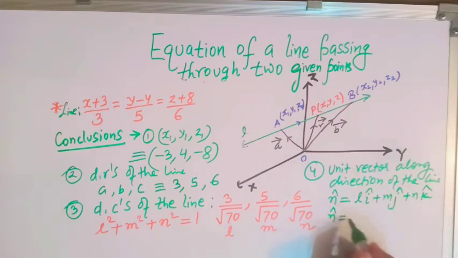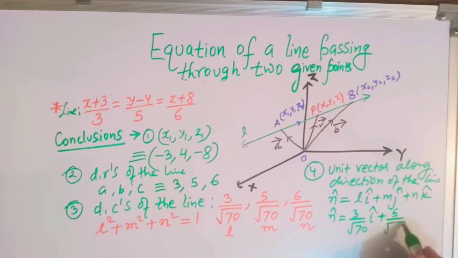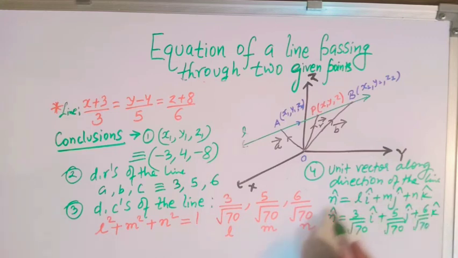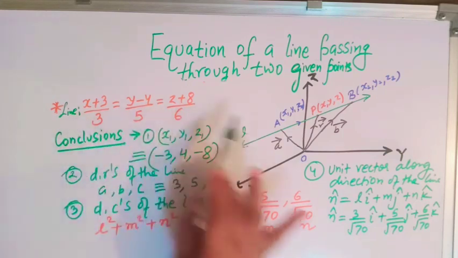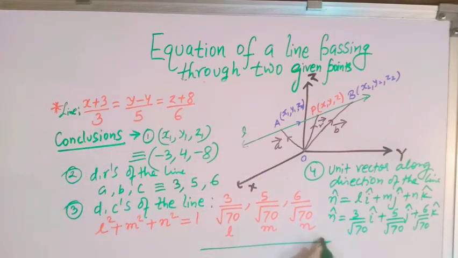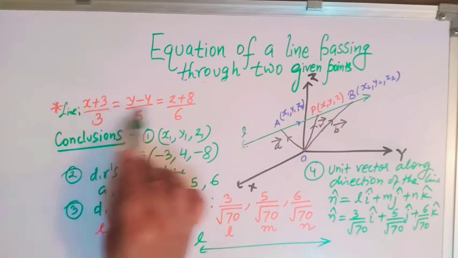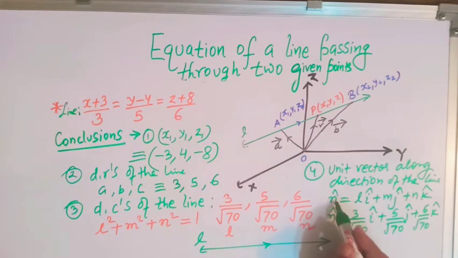So the unit vector is 3 by square root of 70 i cap plus 5 divided by root 70 j cap plus 6 divided by square root of 70 k cap. So this is the unit vector which is along the direction of this line. Suppose this is the line L, and this is the unit vector which is along the direction of this line L.